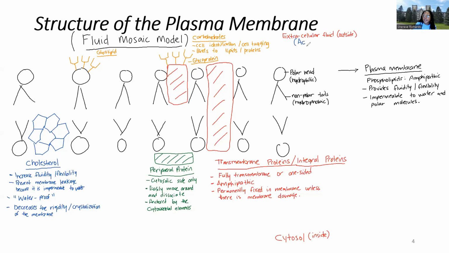So this is aqueous, this is aqueous, right? Meaning that there's lots of water. And then in the center here is a non-aqueous environment. And so in order for anything to be able to get through that membrane, it has to be non-polar. It has to be able to interact in this non-aqueous environment.